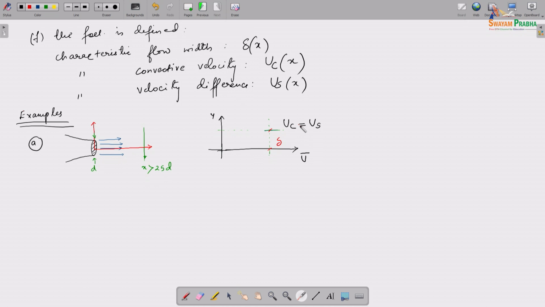What does that mean? This is the maximum velocity which it has, that is the maximum spread. So that is the convective velocity.